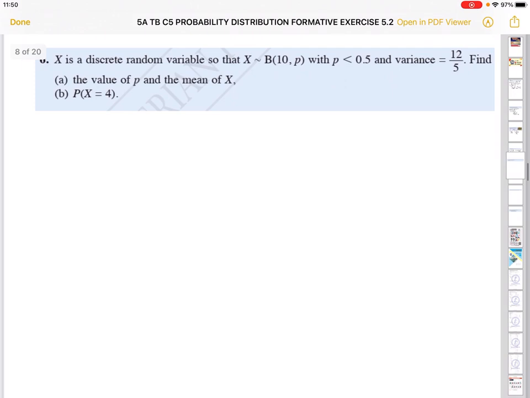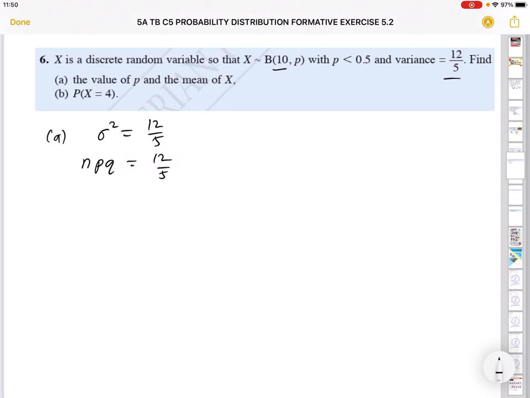All right, here you're finding the value of p and the mean of x, given that this random variable x is a discrete random variable with n equals 10, and your variance is 12 over 5. We can start off by using the formula for variance: npq is 12 over 5.